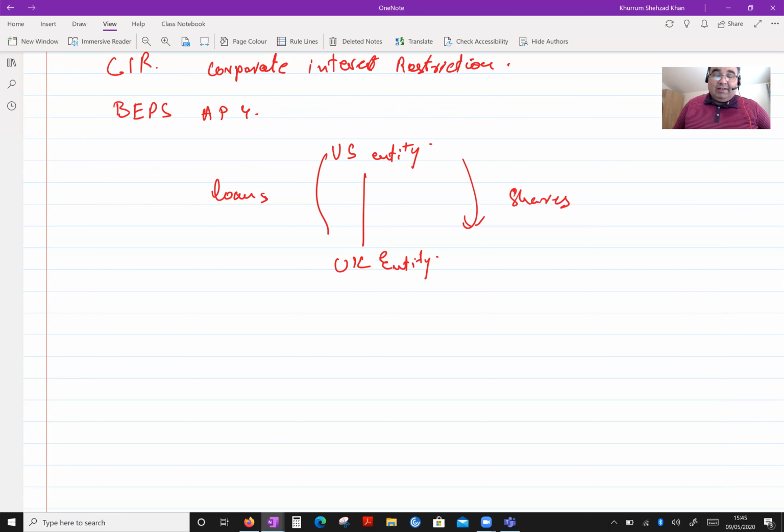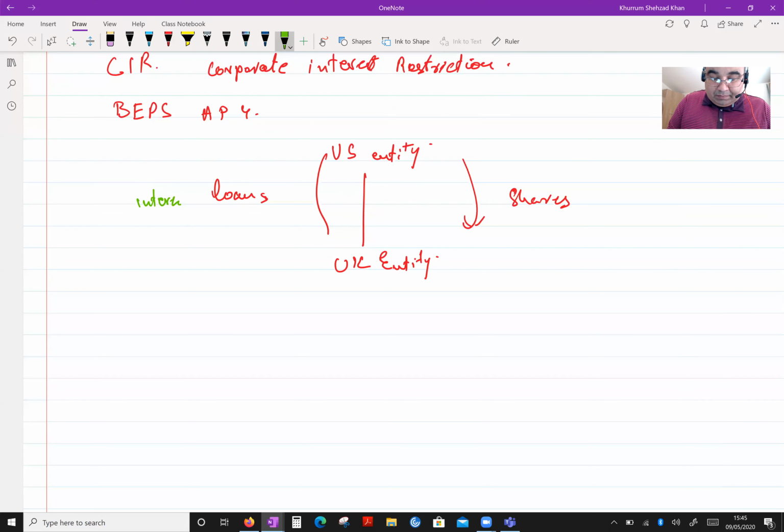If the US entity gives loans, then it can charge interest. If it subscribes shares, then the UK entity will pay dividend to the US entity.